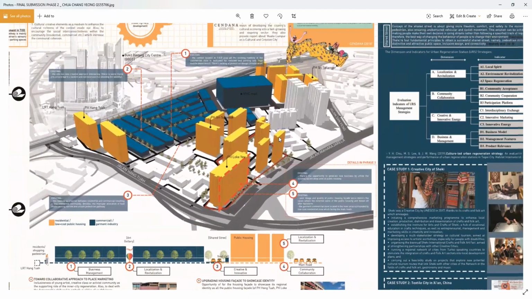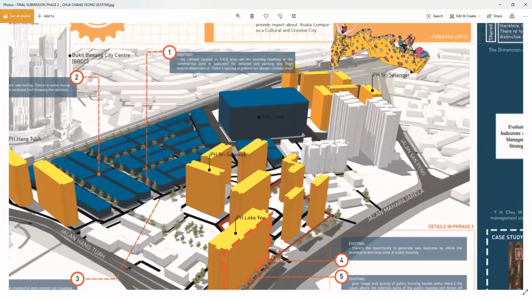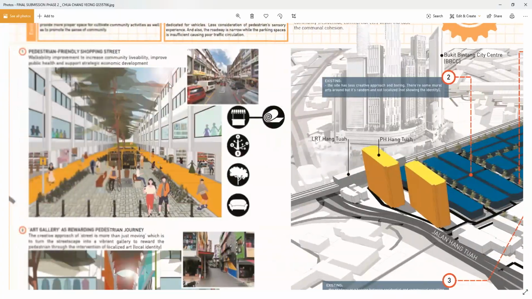The first one, just now we mentioned pedestrian-friendly street. The existing context is that the street is okay. Our site is located in a TOD area, but the existing roadway is dedicated to cars because of the high car dependency, and there is a lack of pedestrian design consideration.